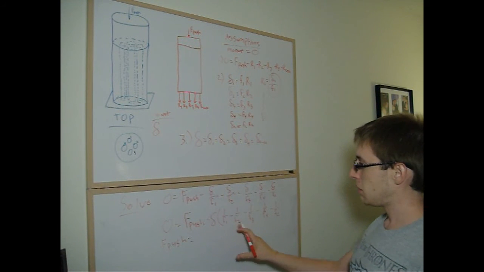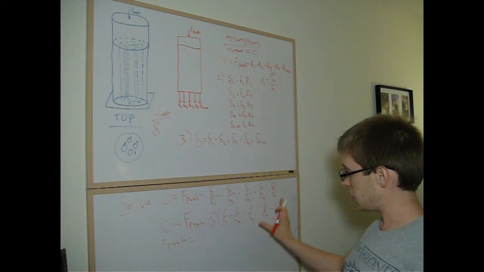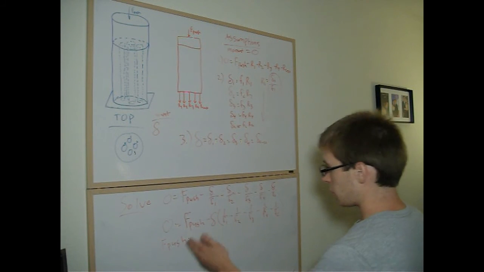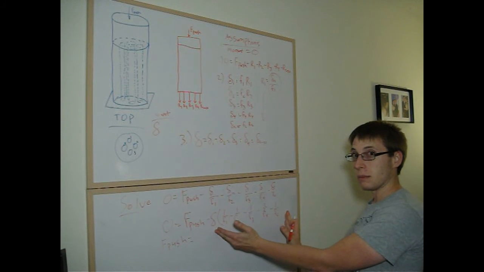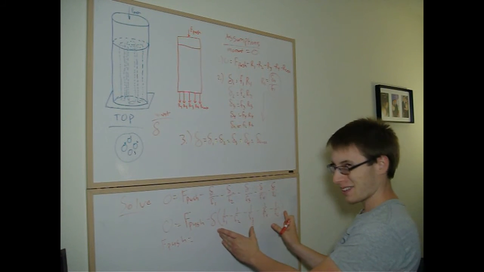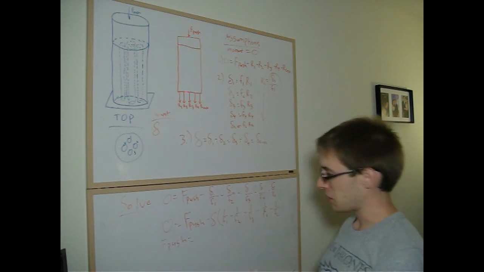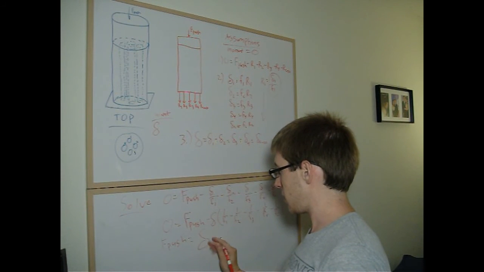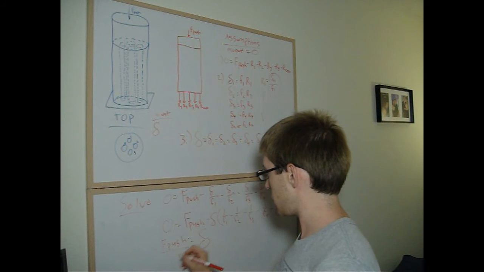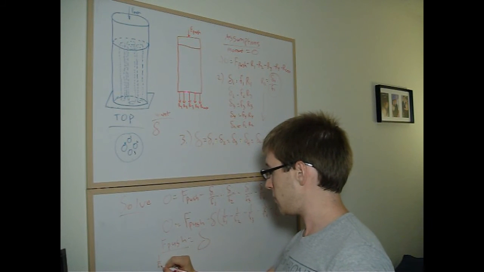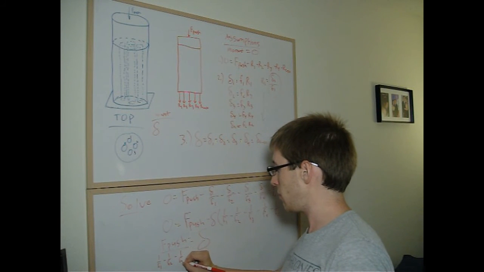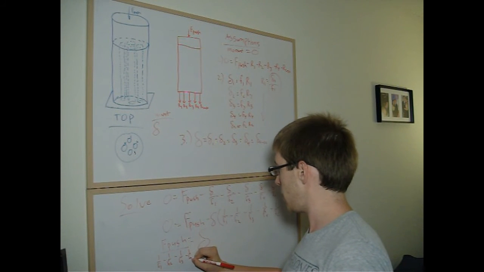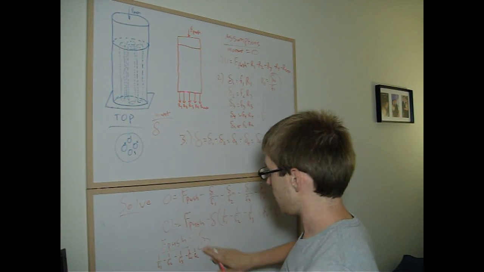To save board space, we'll just divide force push by this sum, or this set of numbers right here, to solve for delta straight out. So we got delta is equal to force push over 1 over f1 minus 1 over f2 minus 1 over f3 minus 1 over f4 minus 1 over f case.